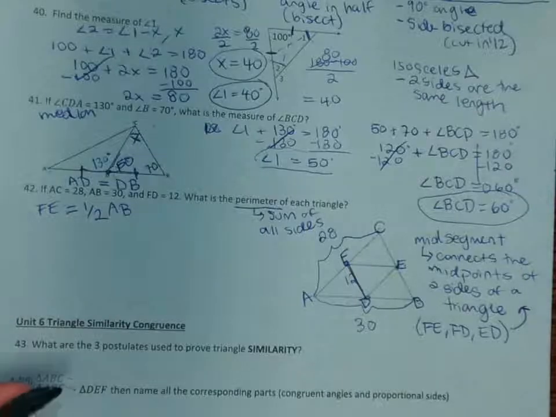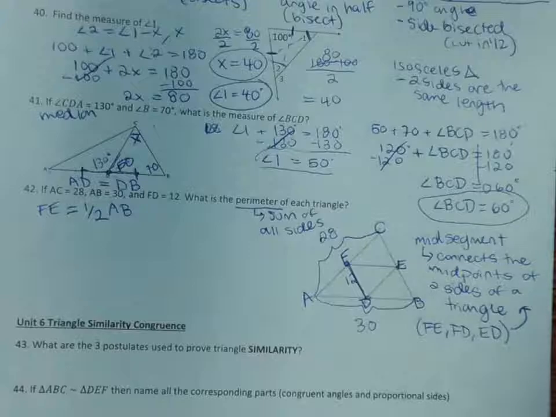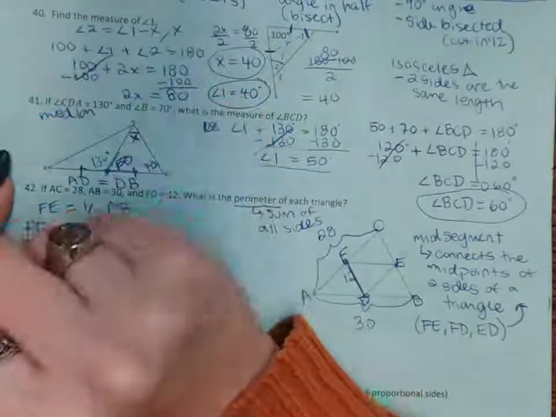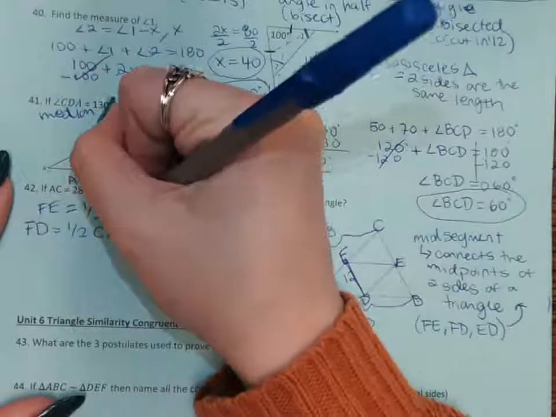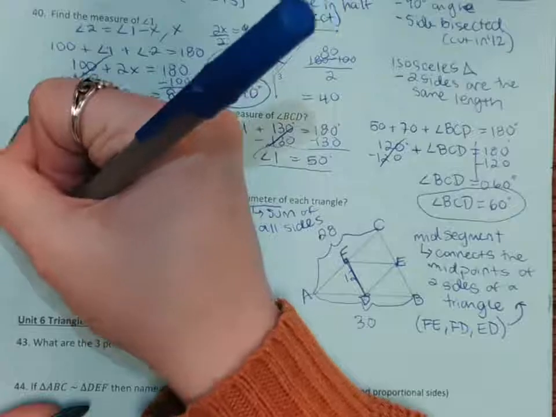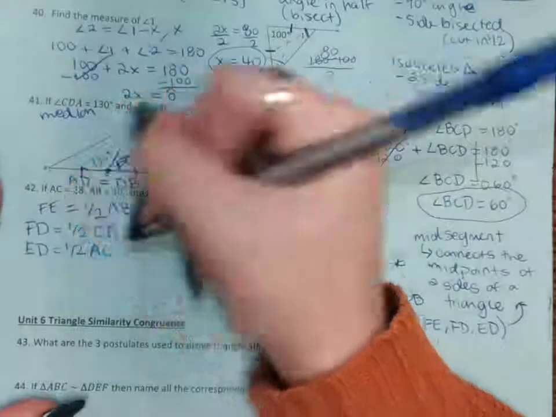So I know FE is 1/2 of AB. I know that FD is 1/2 of CB. And I know ED is 1/2 of AC.